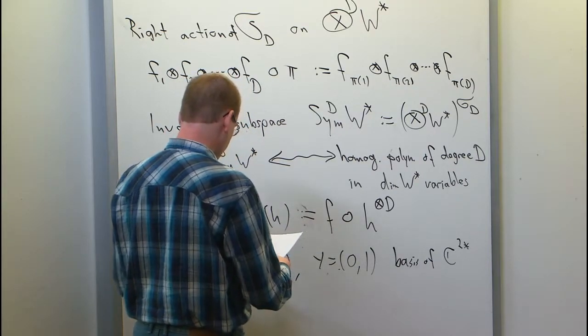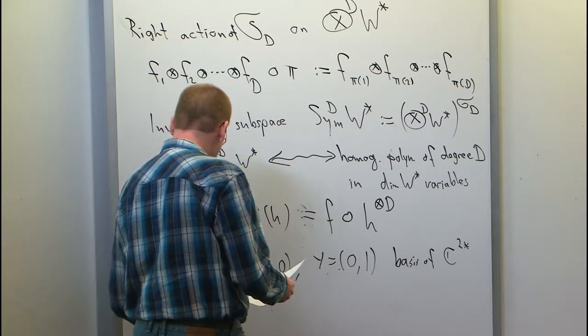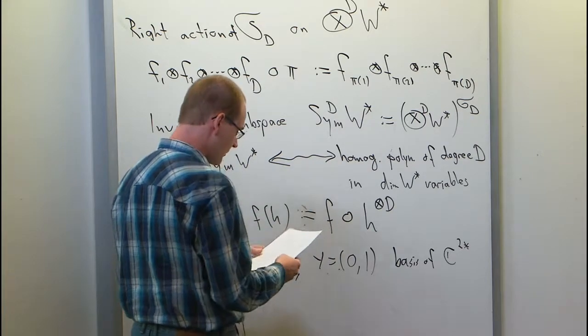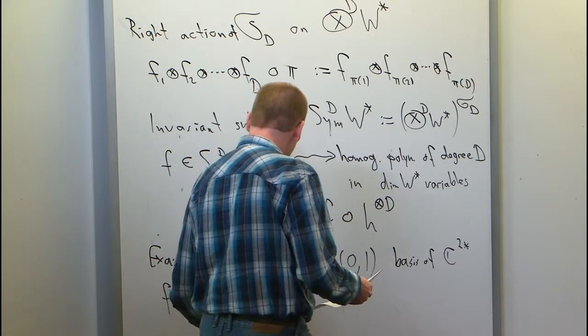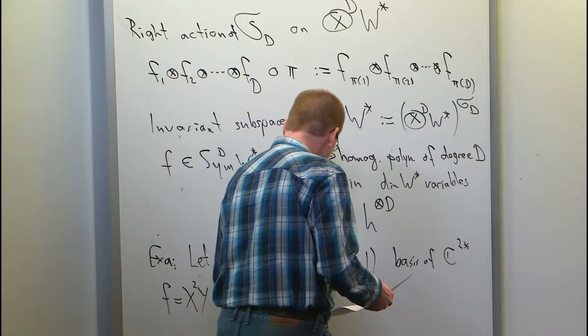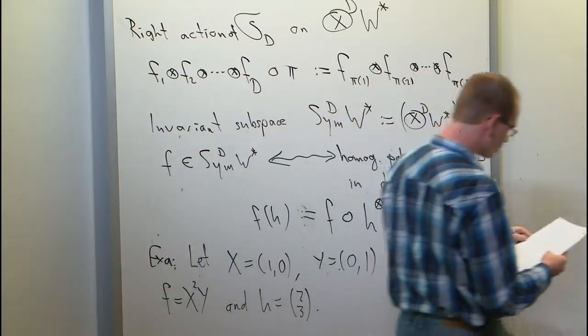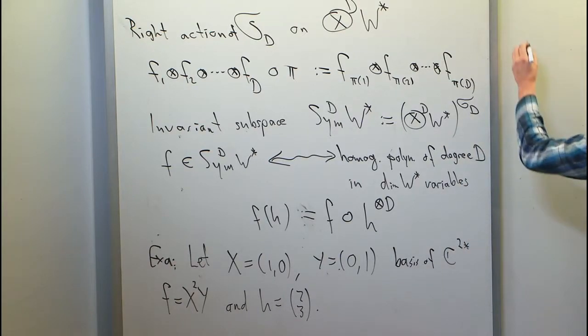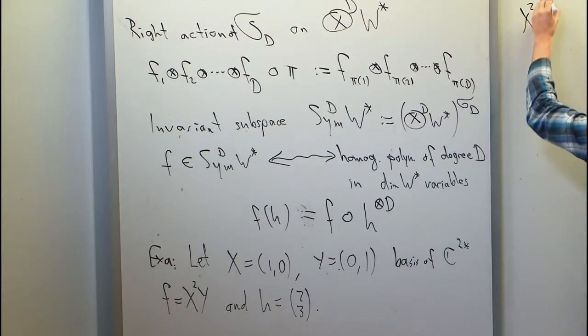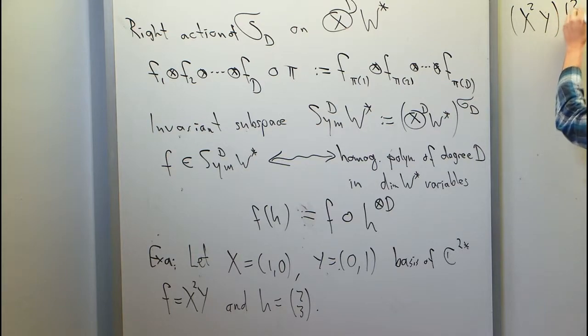Now our f should be x squared y. That's our polynomial. And let h be the column vector (2, 3). What happens when we evaluate? If you evaluate x squared y at (2, 3), that's 12.